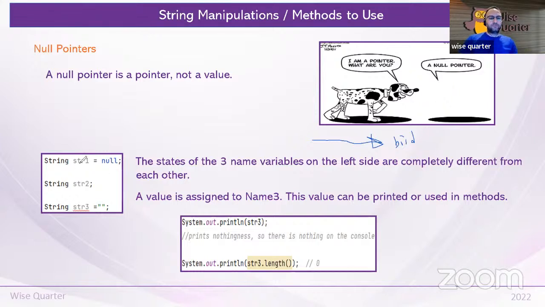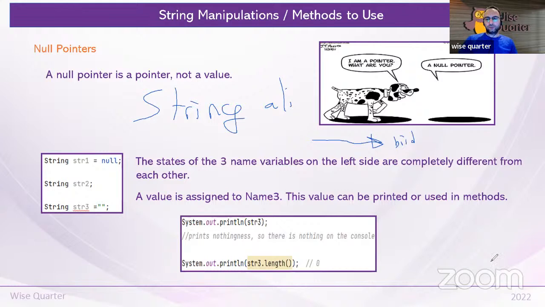Let's come here. Null pointer means the variable does not have any value. It's very important. Null pointer means variable does not have any value. For example, we could create a string, and when you create a name for the string, let me change the name.